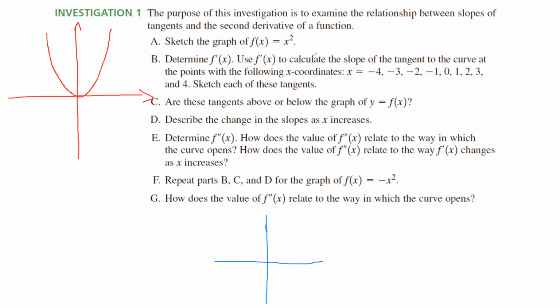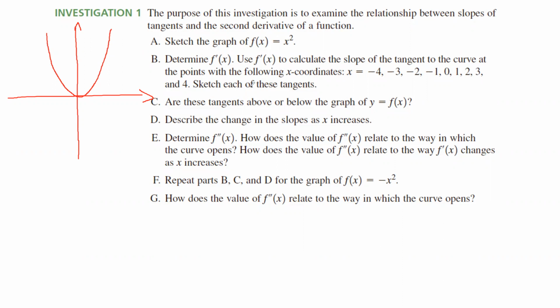Because it's a standard parabola, you see we don't have any constant which would give us vertical displacement. Plus we have a positive coefficient in front of the variable. So it's looking upward and has vertex at 0,0. Am I right? Yeah.